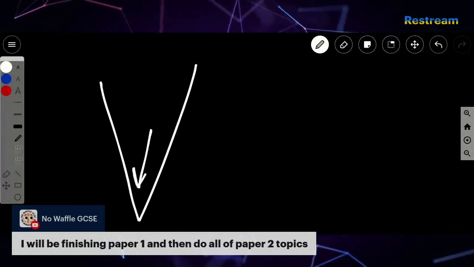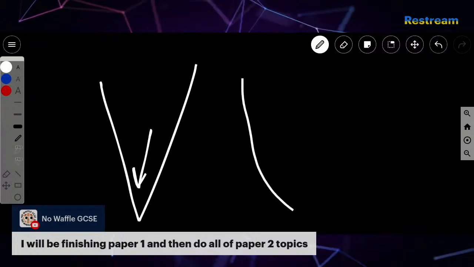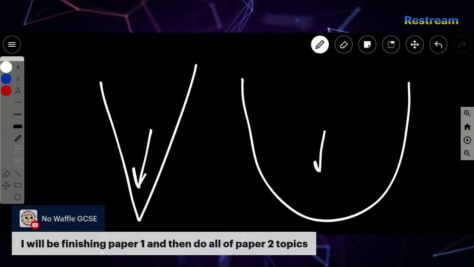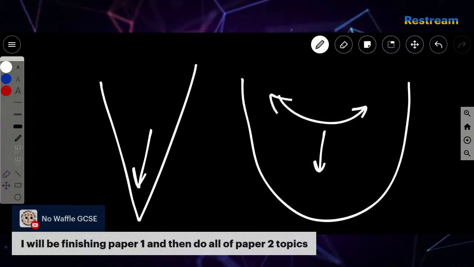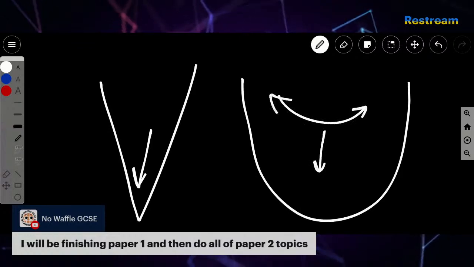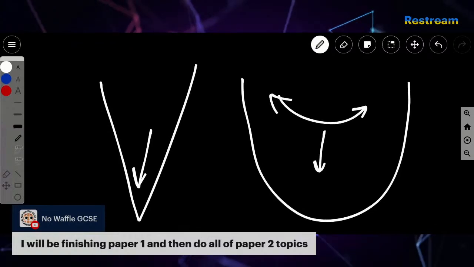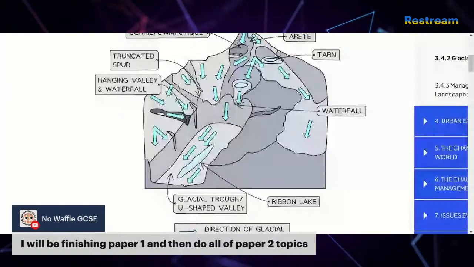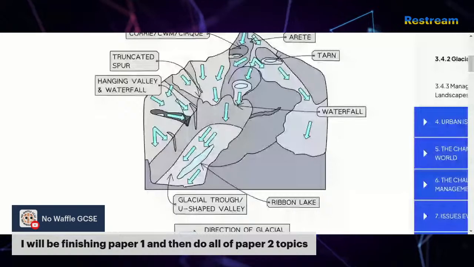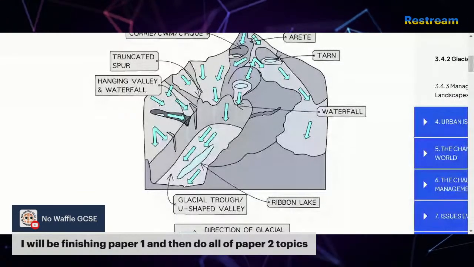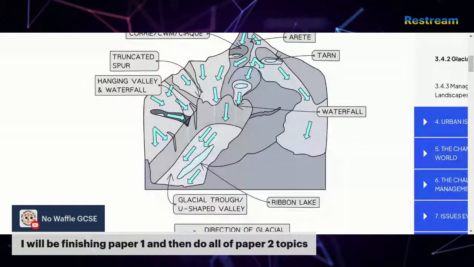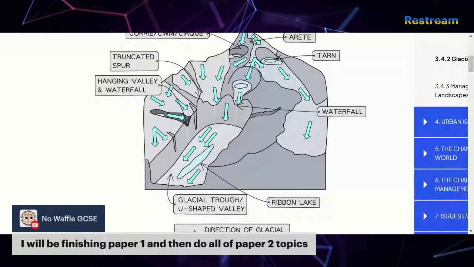Rivers create V-shaped valleys. However, glaciers create U-shaped valleys because they move in a circular motion along the rotational slope. So that's what I mean by saying that it started off as a V-shaped valley because it was a river, and then it created a U-shaped valley as the glacier erodes the sides and the floors, calling it a glacial trough.